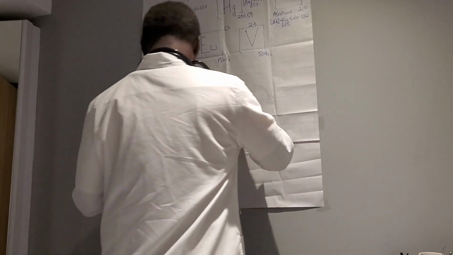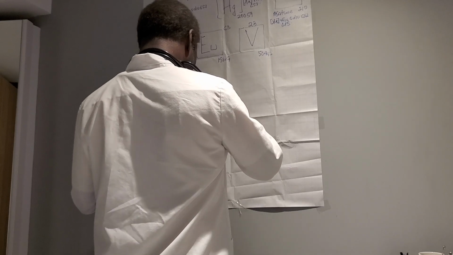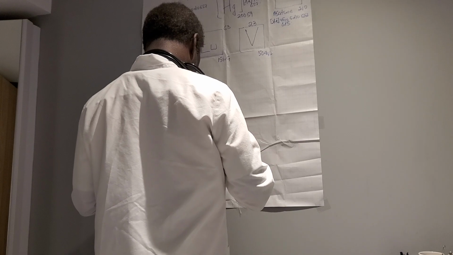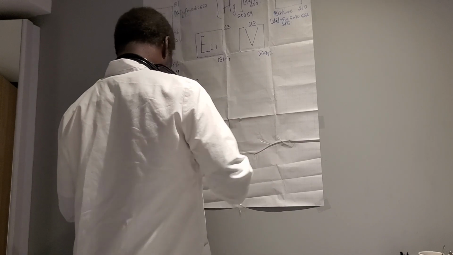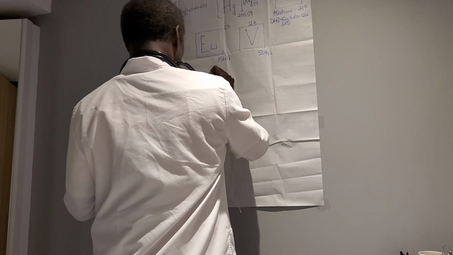Next one we have here, we see UNP. This is one of those modern things, 105, which is unnilpentium. Element 105 here. Let's write it here.